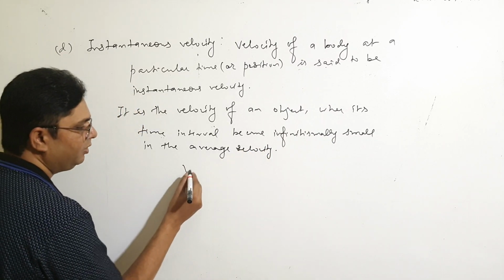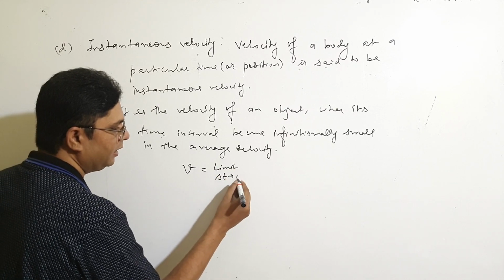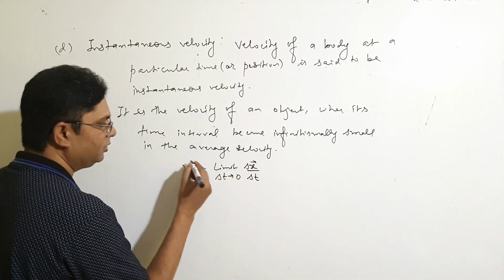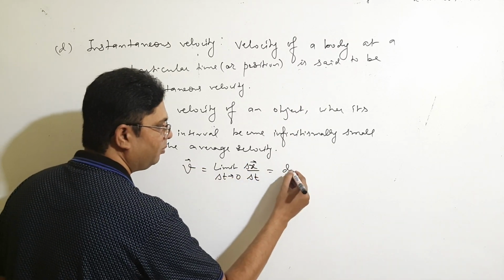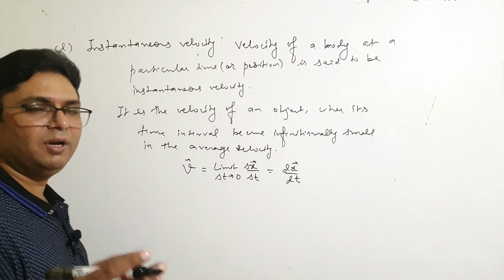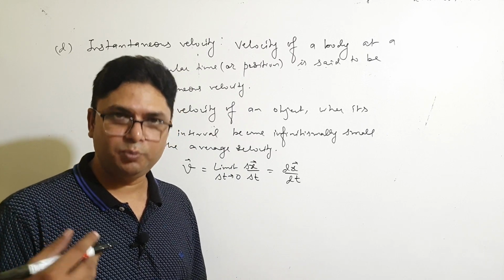This means that v is equal to limit delta t tends to 0, delta x upon delta t. This is the average velocity, and this is also said to be dx upon dt, differentiation, which you have learned in the video lecture of calculus and in the lecture of speed also.